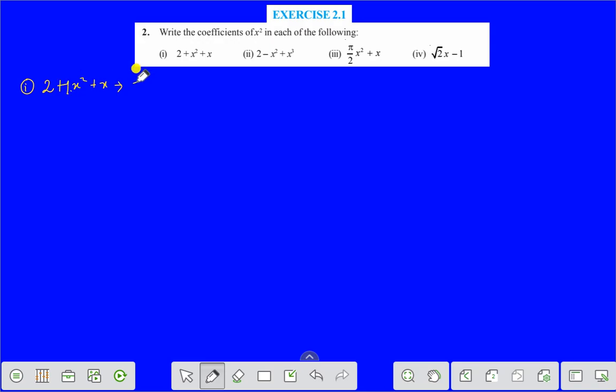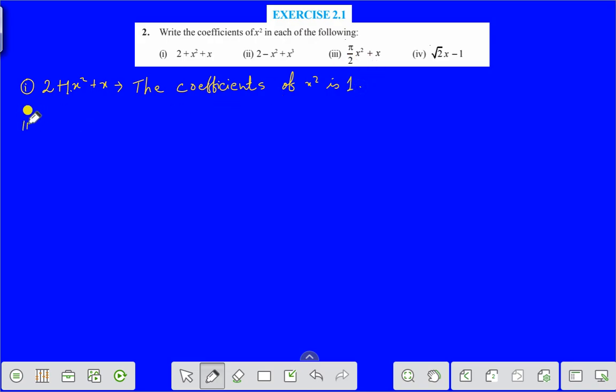Therefore the coefficient of x square is 1 because 1 is multiplied with x square.